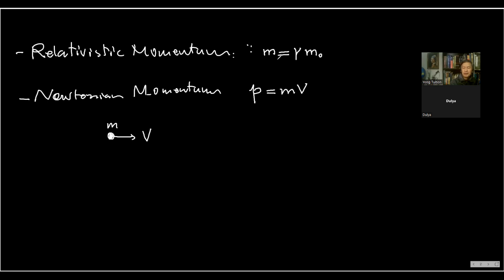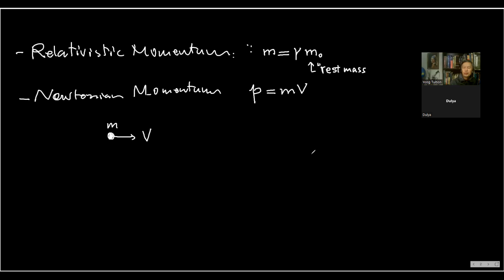So this is a basic Einstein formula, right? We don't have to prove that. So basically, this mass 0 is called the rest mass. So in Einstein's idea, the mass became a velocity-dependent variable. This is called rest mass. So this is a new idea, rest mass.